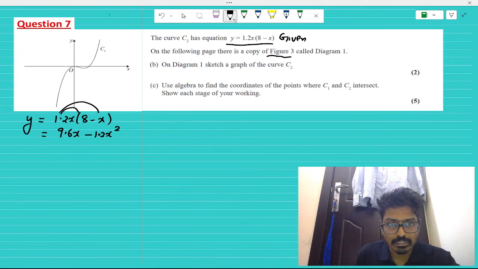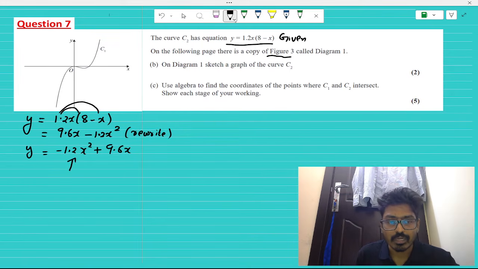So if we rewrite the above equation, what we are going to get is negative 1.2x squared plus 9.6x.